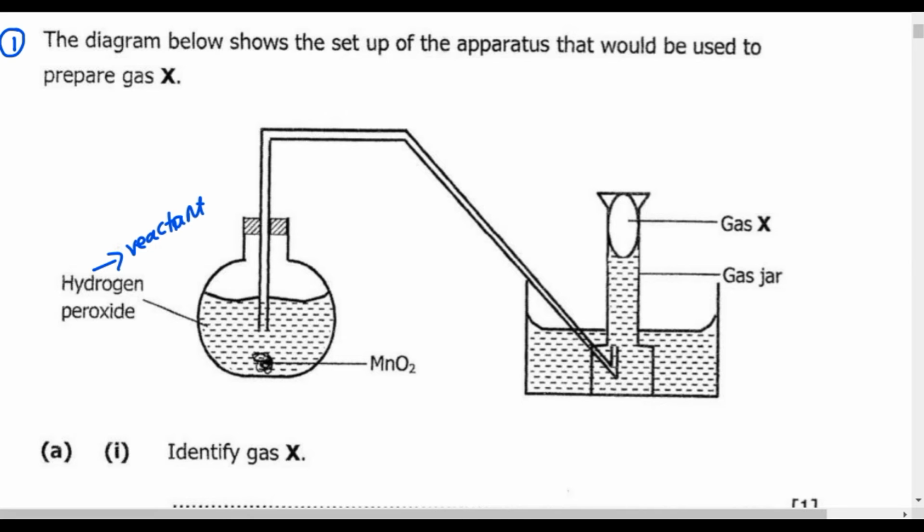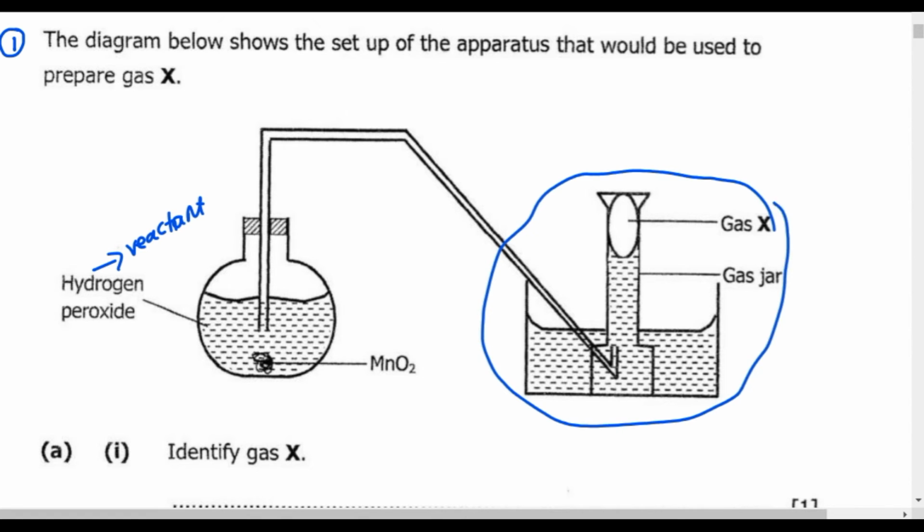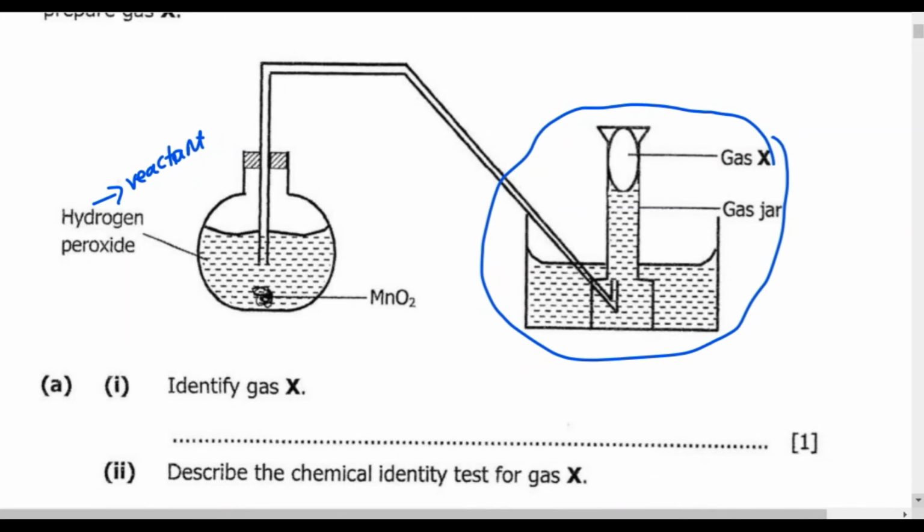Then after decomposition of this hydrogen peroxide, we have this gas X produced, and we can see the method that was used here. I'm sure you are able to remember. So the method that was used here depends on the properties of the gas. Now let's answer our question A1, identify gas X. So gas X is oxygen.